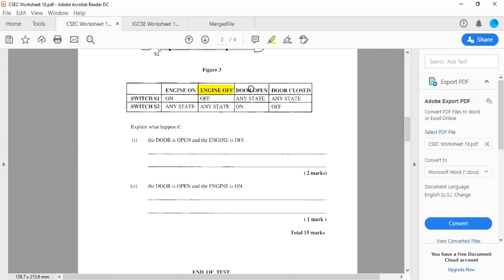Good. And the next condition is that the door is open. They are asking here, explain what happens if the door is open and the engine is off.